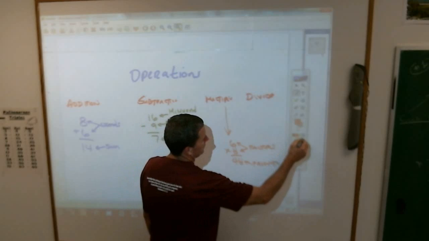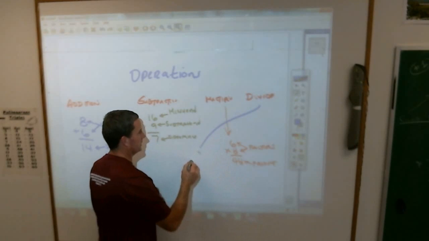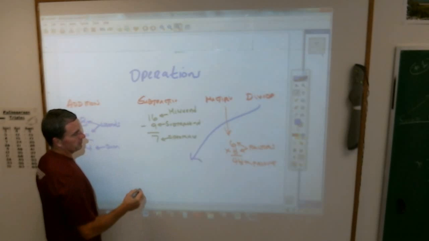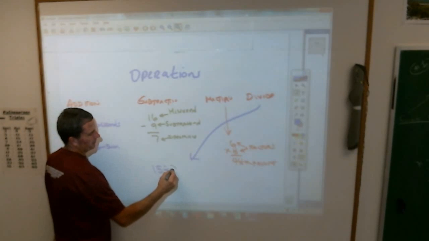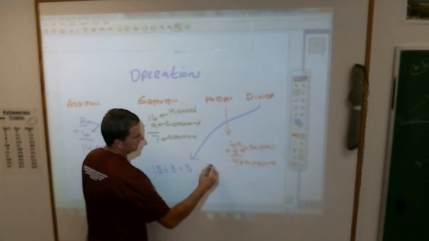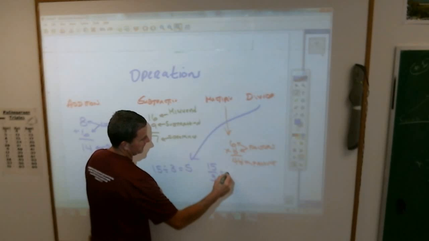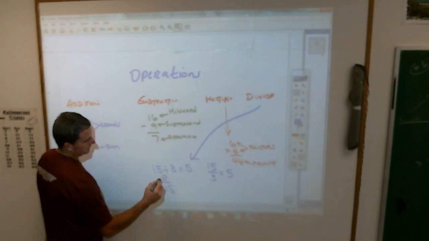And then one again you probably don't know very well is division. In a division problem, let's say you have 15 divided by 3 is 5.